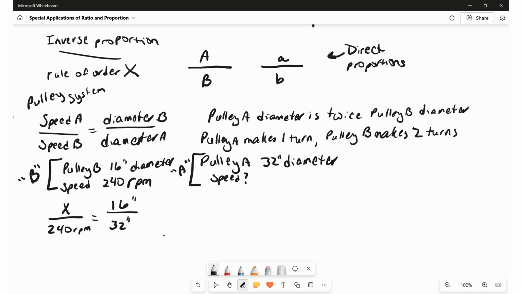And in order to find the speed of A, we're going to do our cross multiplication just like we have.